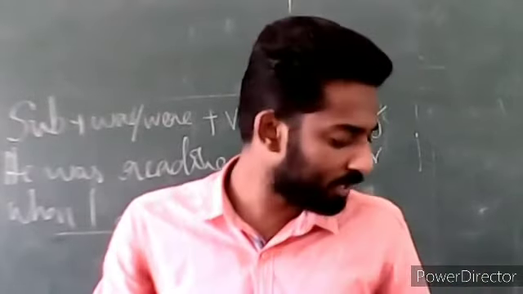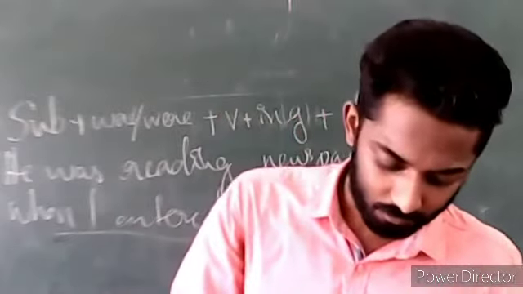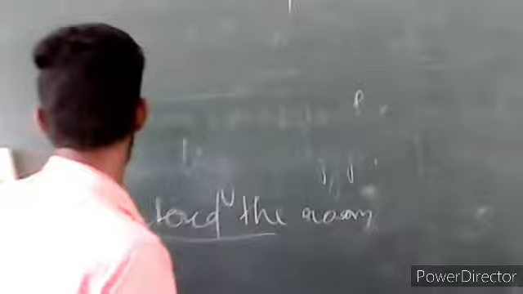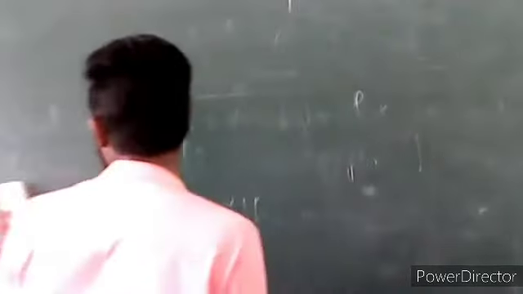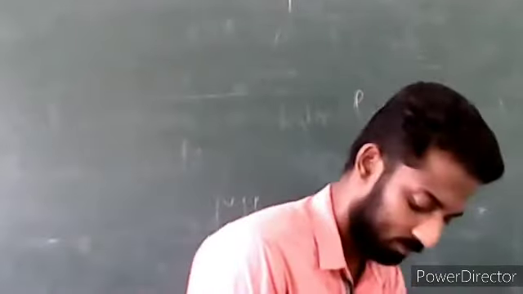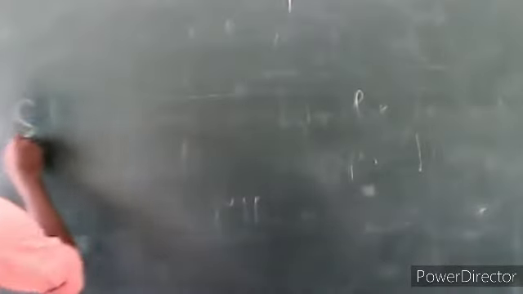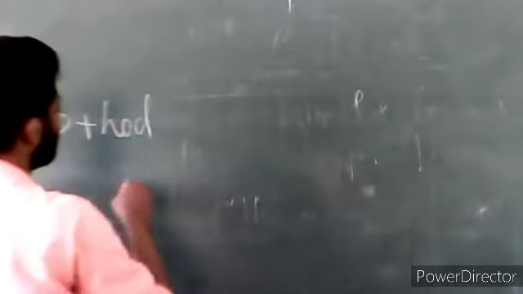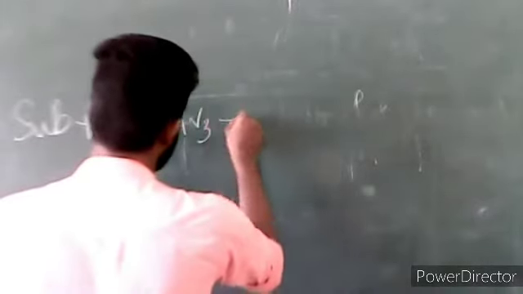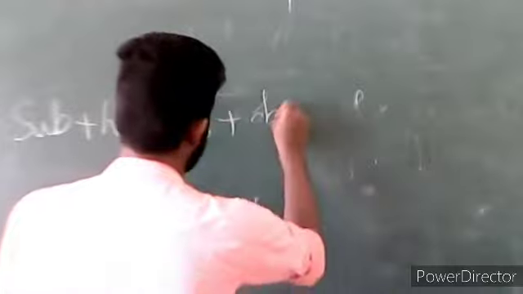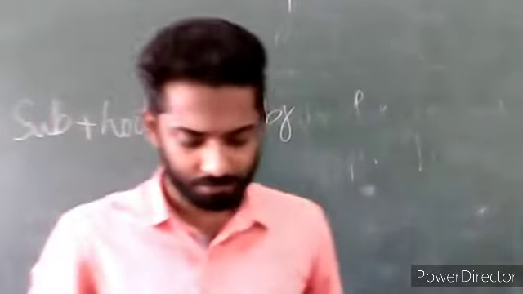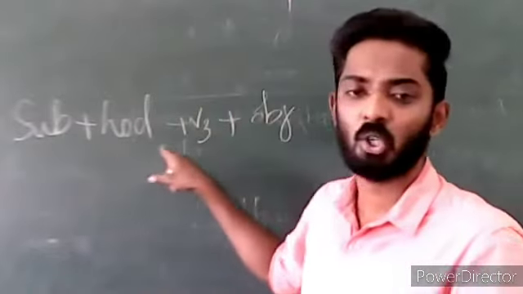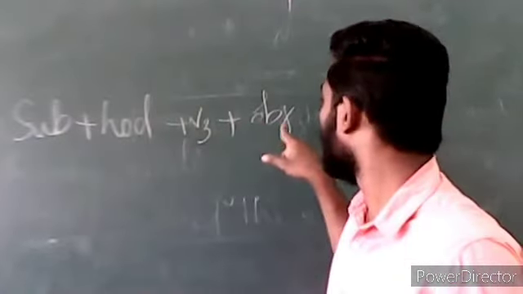So what is the structure of the sentence? Subject plus had plus V3 plus object.